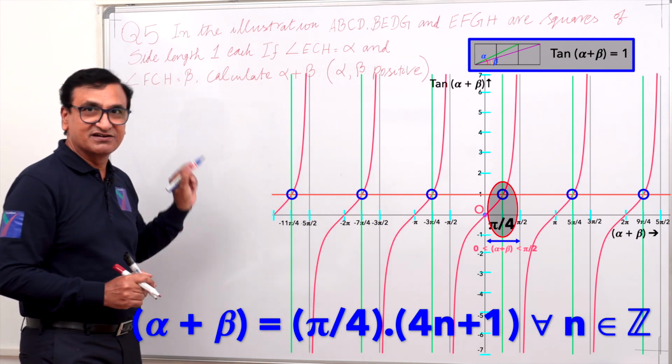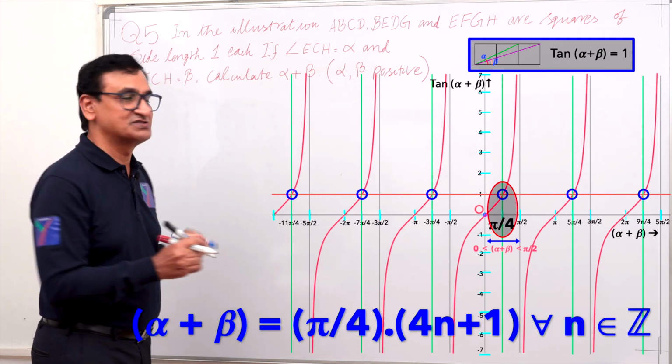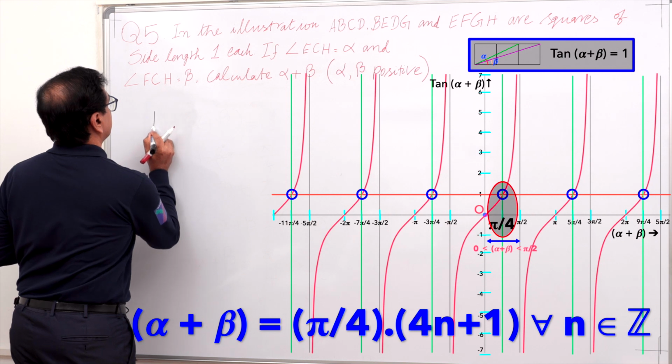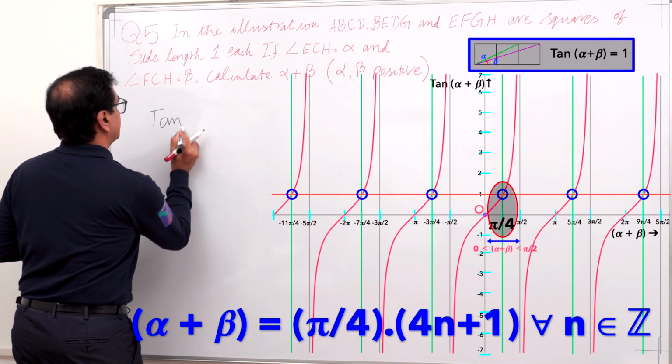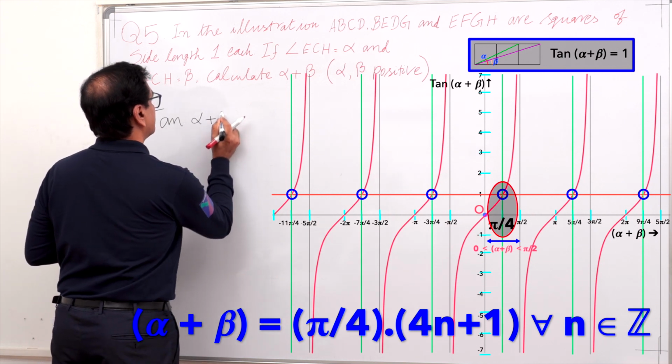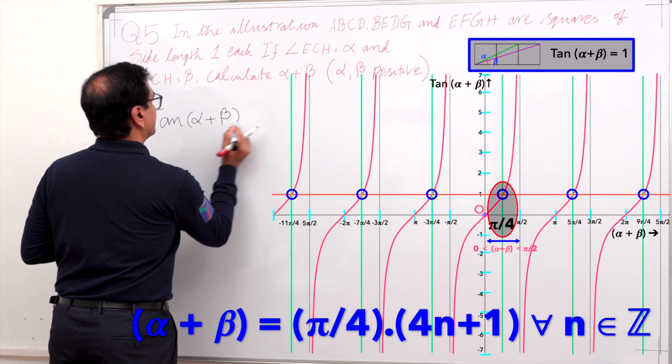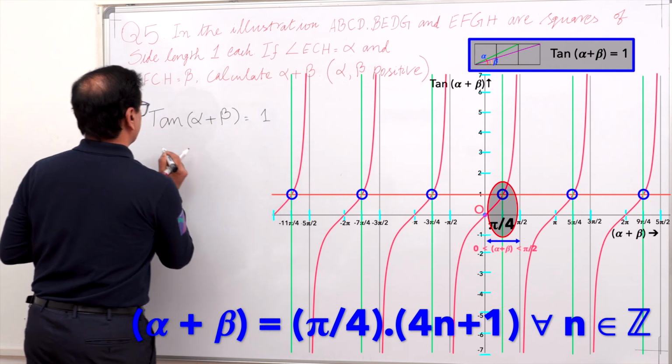The same can be written mathematically as follows. Tan of alpha plus beta equals 1.